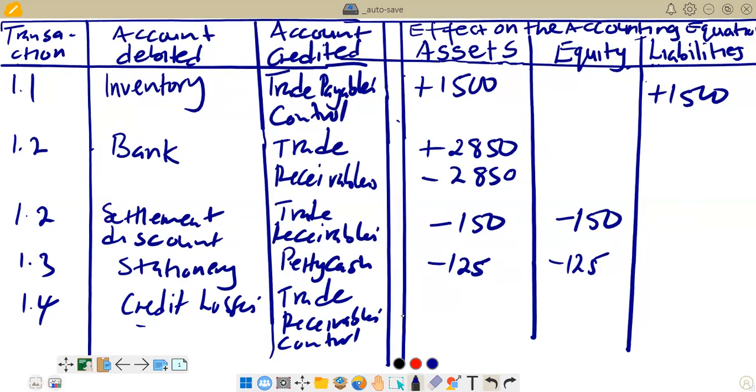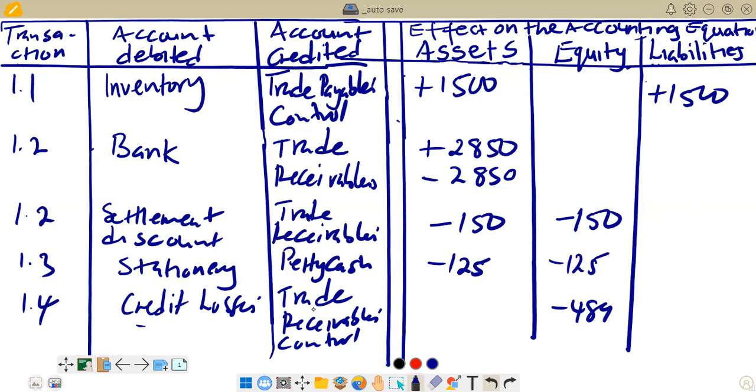And let's see how it's going to affect the accounting equation. So here we've got credit losses. Credit losses, we said it's an expense, it's going to be under operating expenses. And then it means it's going to affect the equity. Remember, expenses are going to reduce the figure for retained earnings. So we're going to see a reduction in equity of 489 here.